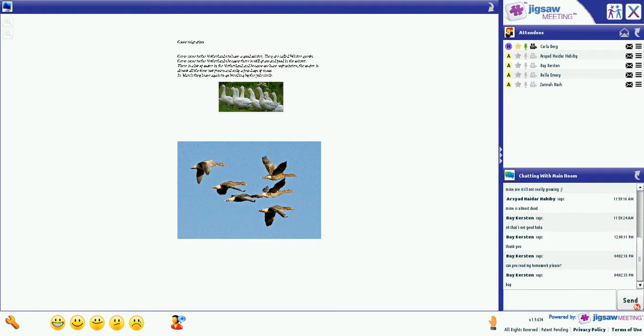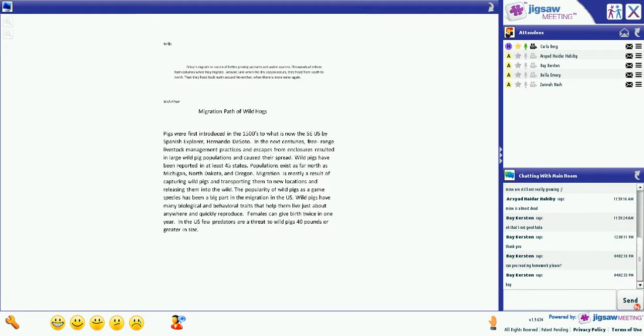Next, we have Bella. Your zebra is next. Would you like to go ahead and share with us? Sure thing. So Bella wrote about zebras. Zebras migrate in search of better grazing pastures and water sources.